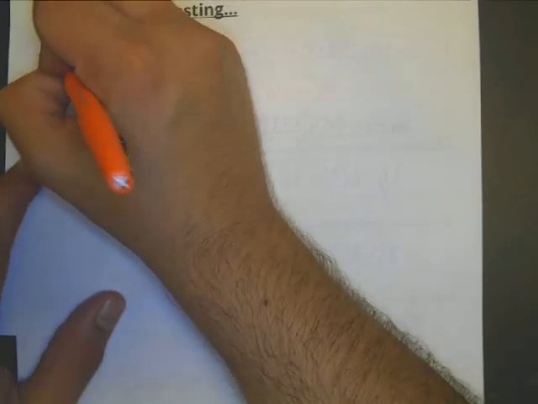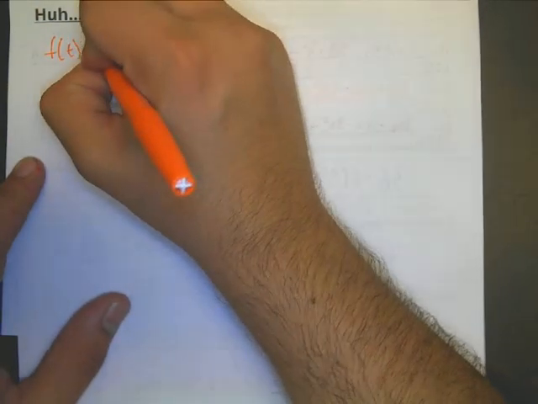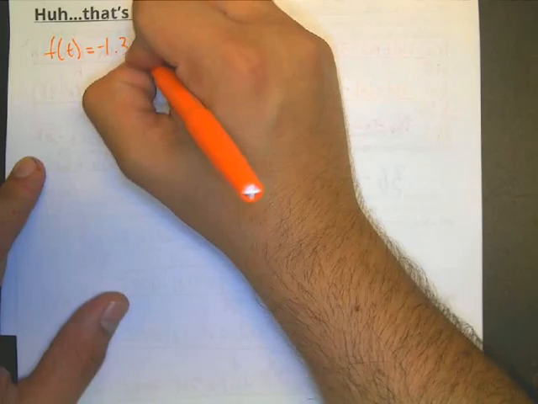A segment on the show I like to call, that's interesting. Thank you, Abigail. Let's say I look at that function that we looked at initially, f of t is equal to negative 1.3 t squared plus t.